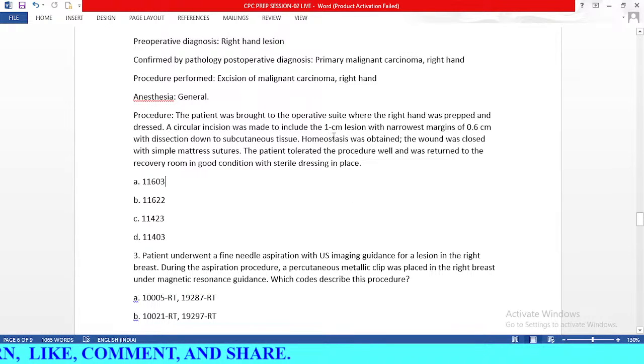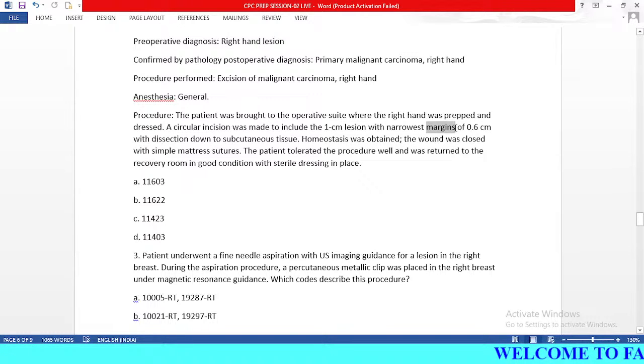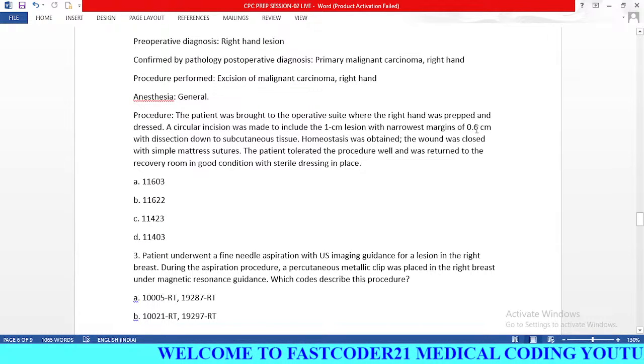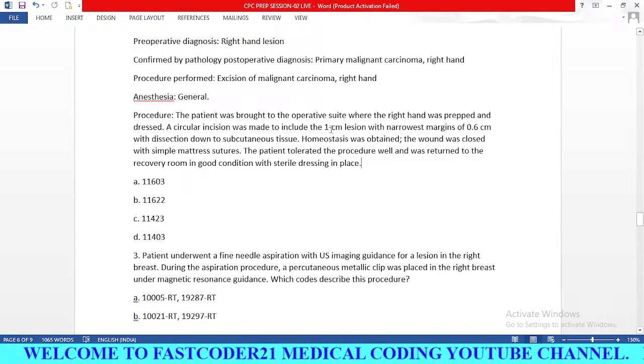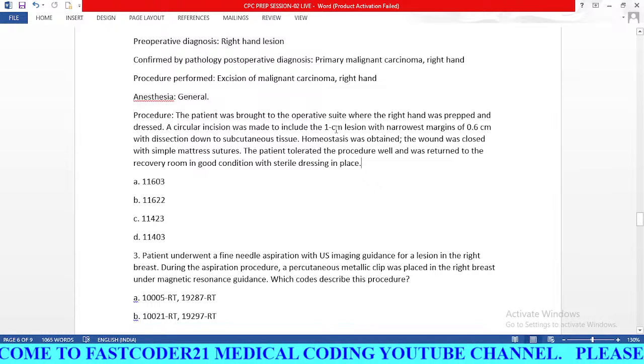Based on CPT guidelines, we need to add the lesion size with margins. The document already contains 0.6 centimeter margins; margins means plural, so we need to add 1 plus 0.6 centimeter. It becomes 1.6 centimeters, not 2.2. I got it, you doubled the margin: 0.6 plus 0.6 is 1.2, plus 1 centimeter is 2.2.